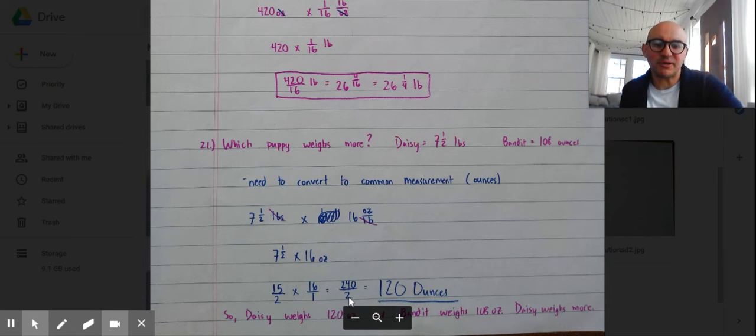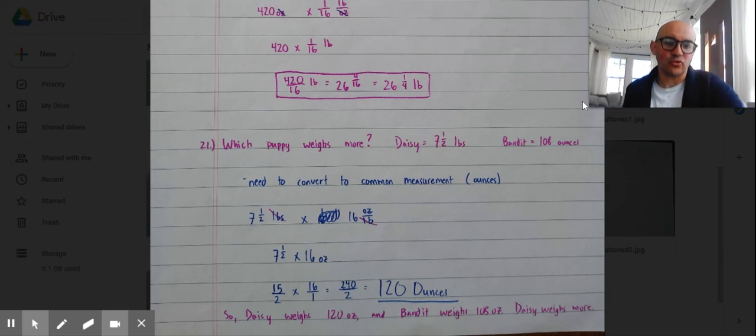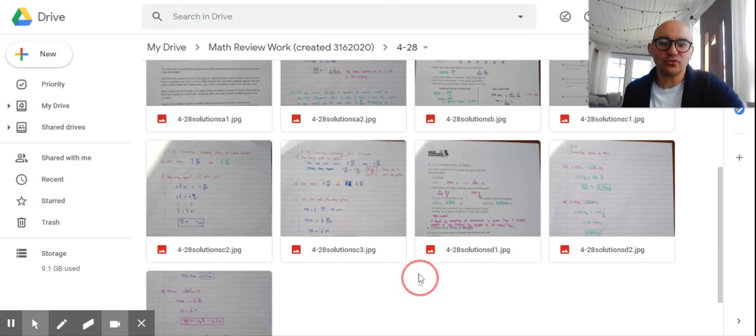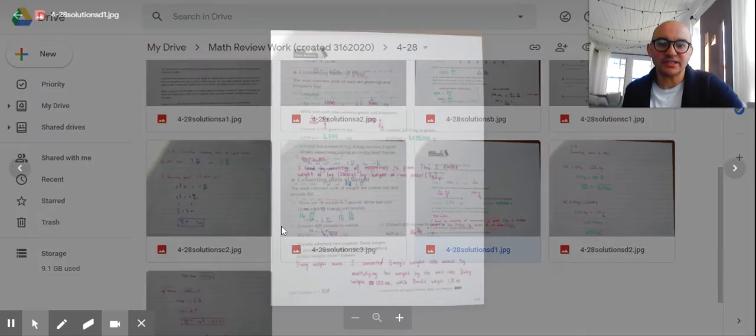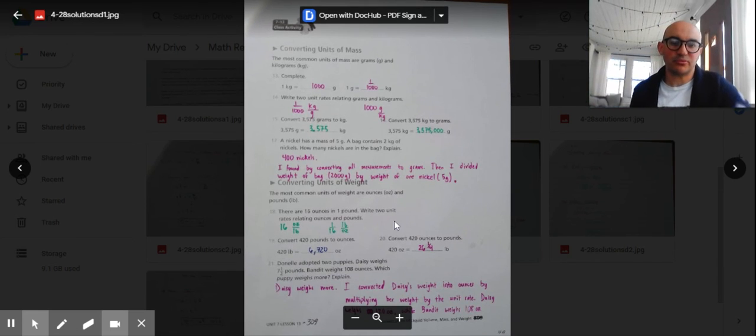As I multiply bottom times bottom, I get 2. 240 divided by 2 is 120 ounces. And so Daisy weighs 120 ounces. Bandit weighs 108. So, of course, Daisy weighs more. Okay? Pretty straightforward there. We're just converting unit rates here for mass on this paper today.